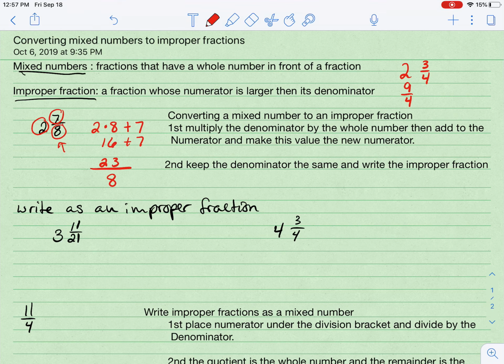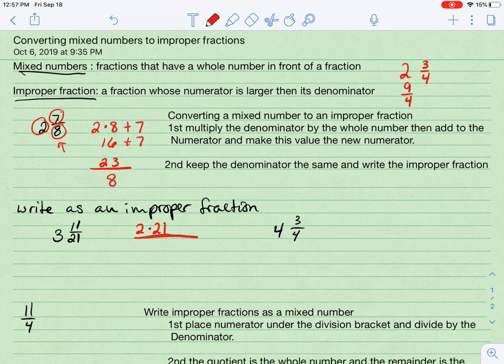Okay, so we're going to do 2 more. We're going to follow the same steps. So our numerator is going to be our denominator, which in this case is 21, times 3. So denominator times our whole number. On the other one I did the whole number first, 2 times 8.